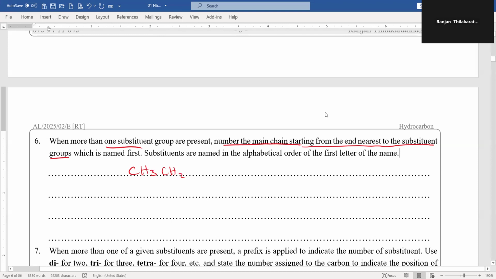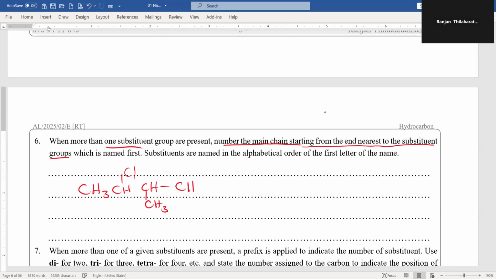Okay. Then you may write down the name of this compound: CH3, CHCl, CH, CH3, CHBr, CH3.